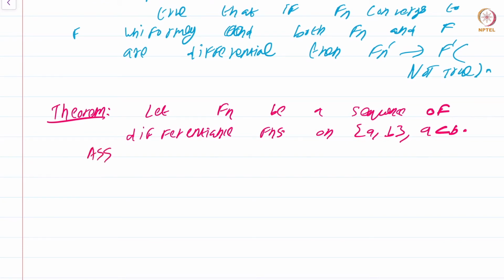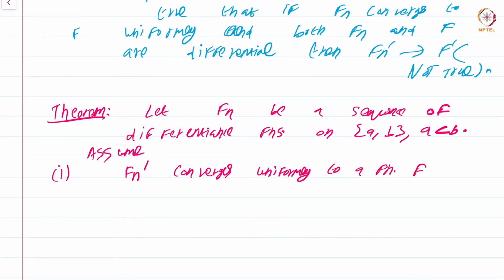Assume, number one, not that the fn's converge uniformly to f, but that fn prime converges uniformly to a function f. So the hypothesis is that the sequence of derivatives converges uniformly to a function f.